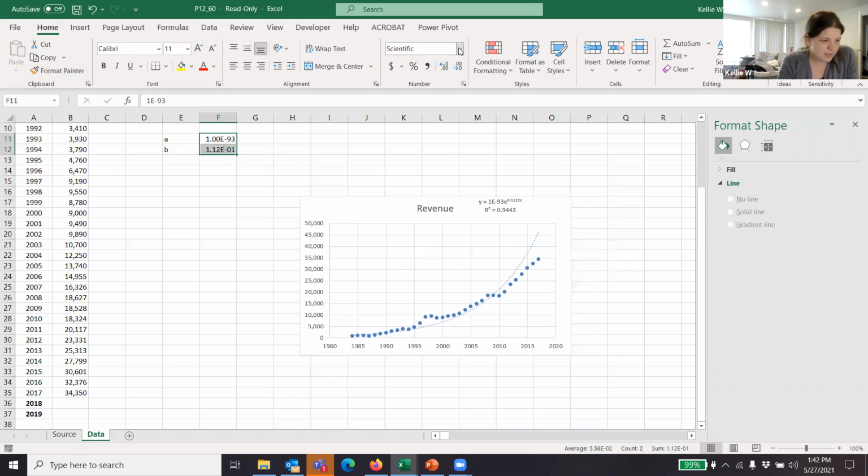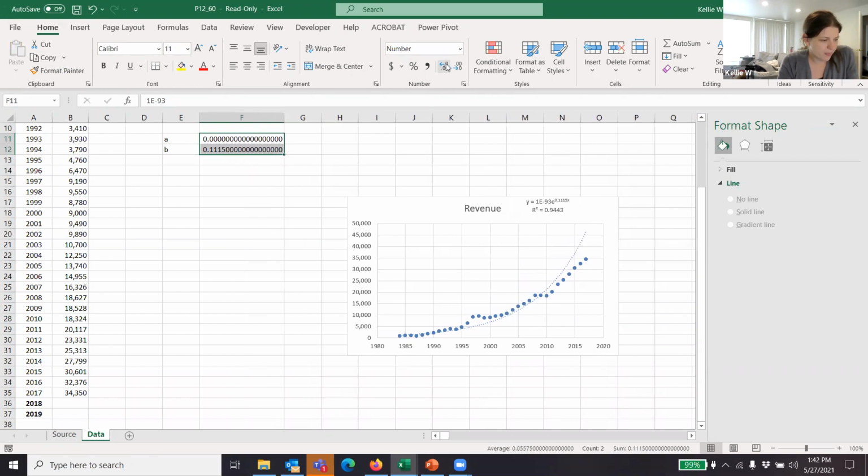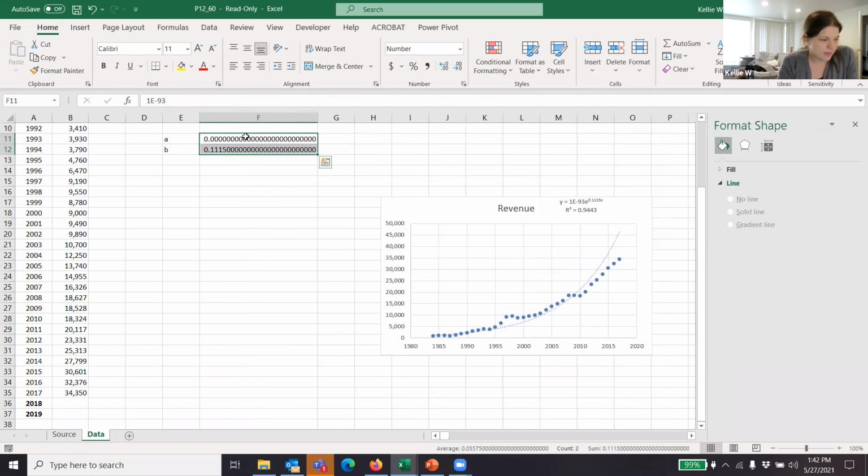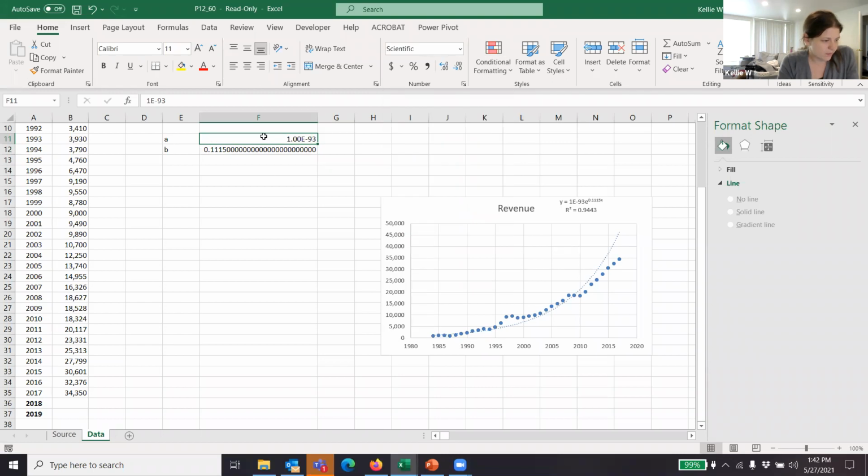I don't want these in scientific, so I'm going to do this. One of them is very small, which is why. Really small. Okay, maybe I do want this one in scientific. Oh yeah, negative 93, okay.